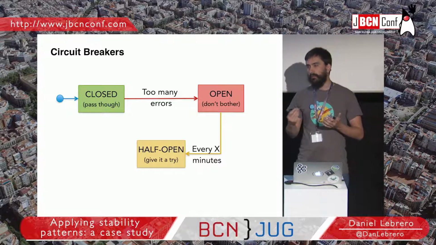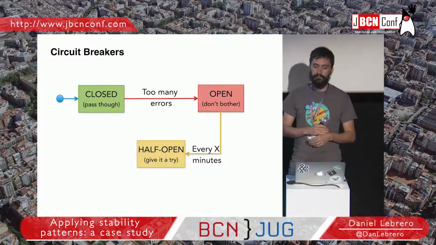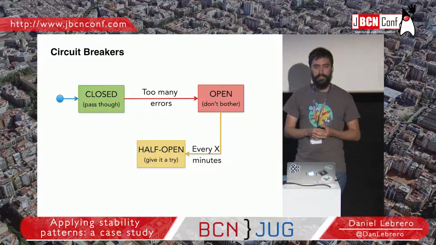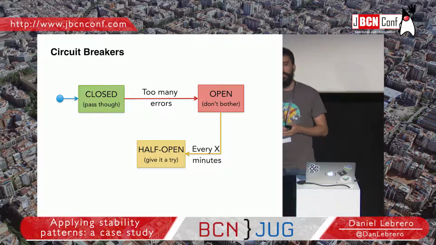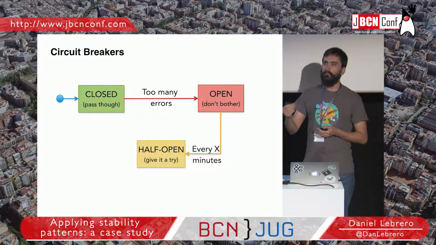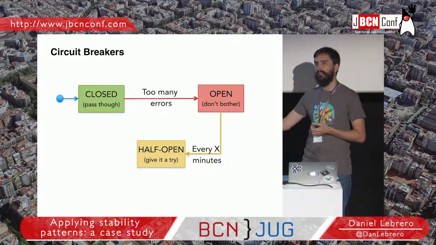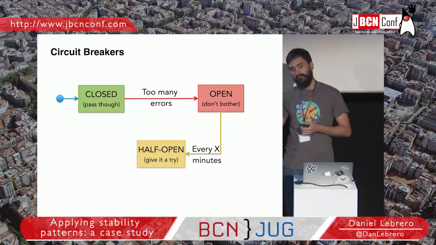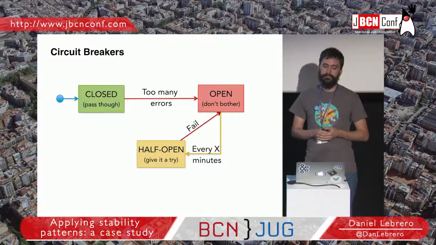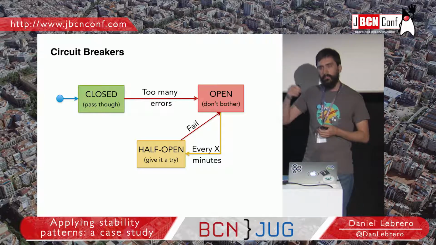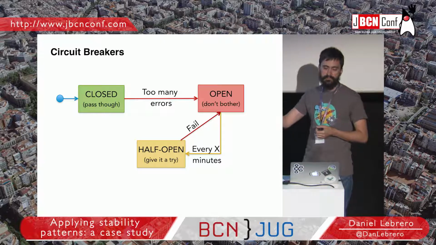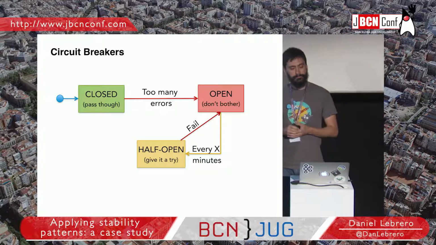Then, after several minutes, depending on how you have configured it, the circuit breaker will go to a half-open state. In the half-open state, the circuit breaker will try with one thread to see if that operation is healthy again. If that test fails, it will go back to the open state, and then it will again wait several minutes before trying again.